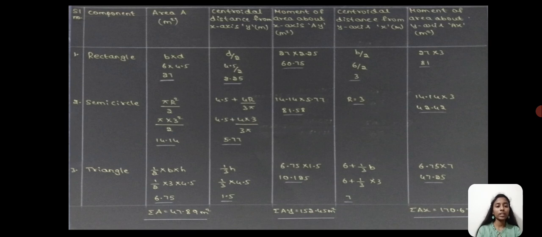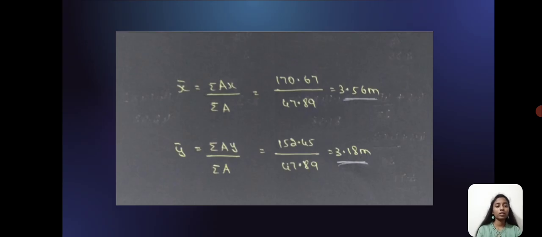Now we have to make the summation of area, summation of A into y and the summation of A into x. Here summation of A is 47.89 meter square. Summation of Ay is equals to 152.45 meter square and the summation of Ax is equals to 170.67 meter square. Now we have to calculate x bar and the y bar.